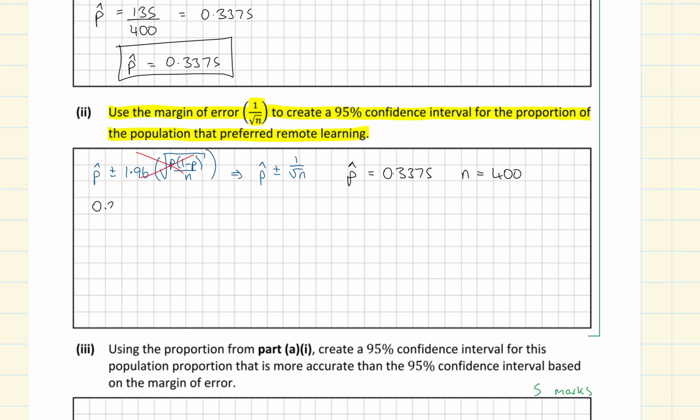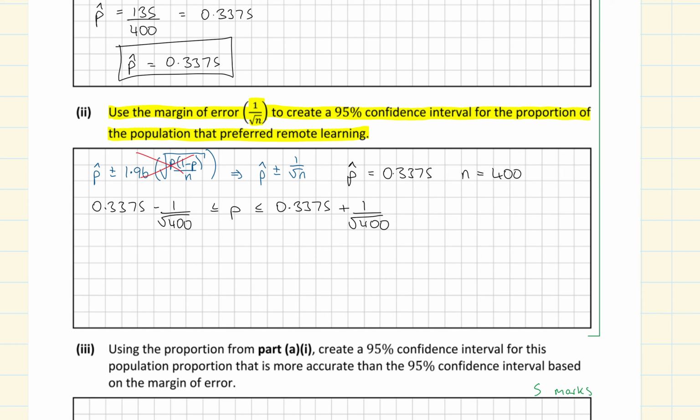So we get 0.3375 minus 1 over root 400 less than or equal to p less than or equal to 0.3375 plus 1 over root 400.